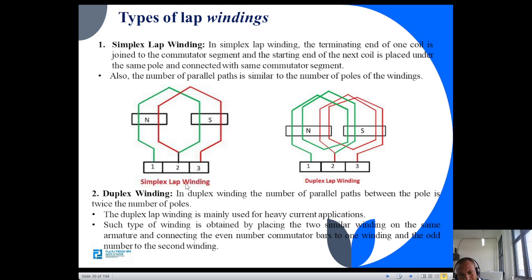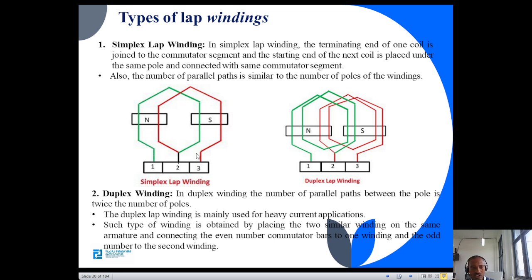Again, lap winding has different types: simplex and duplex. In a simplex lap winding, the terminating end of one coil is joined to the commutator segment, and the starting end of the next coil, placed under the same pole, is connected to the same commutator segment.